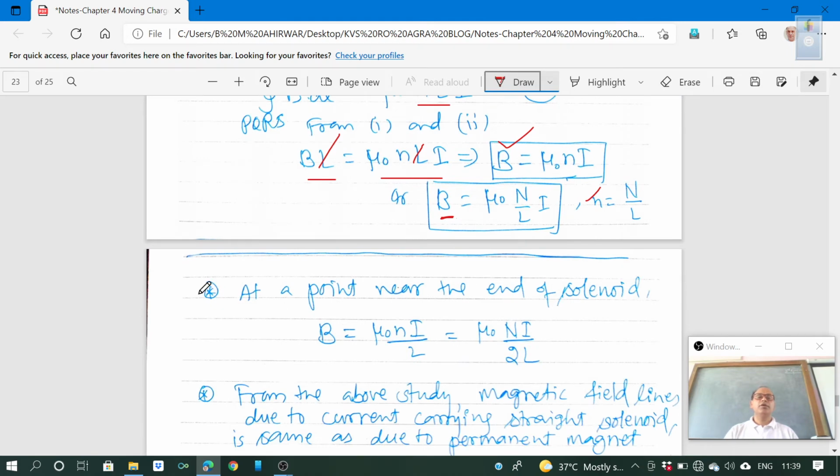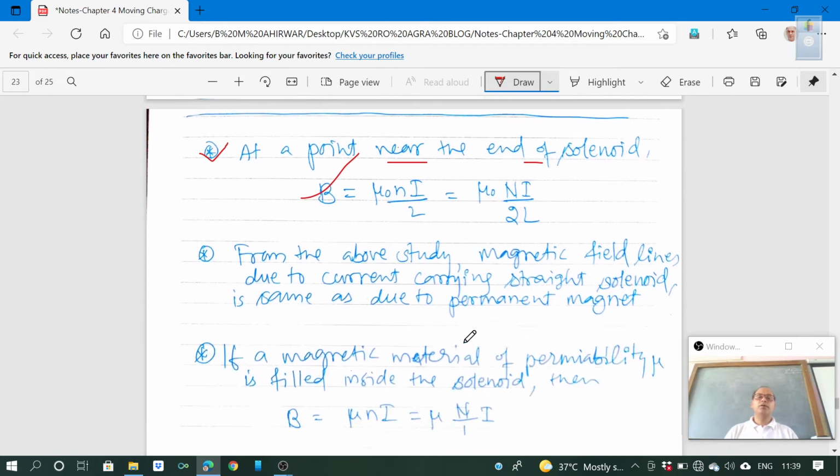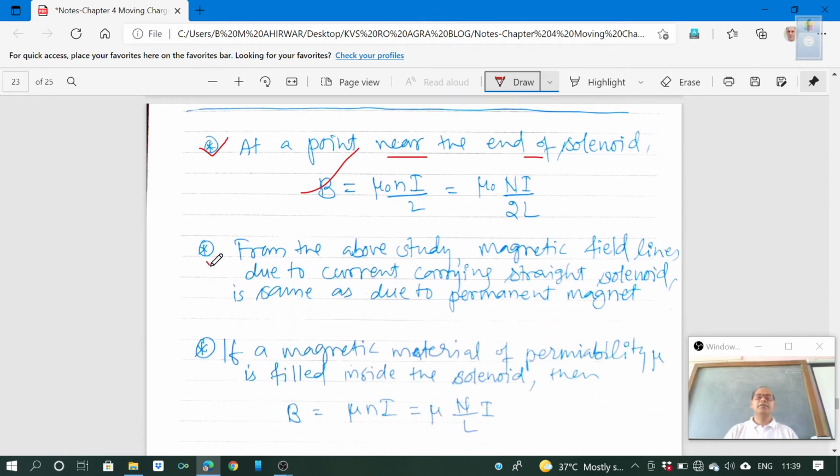If you wish to find the magnetic field near one end of the solenoid, it is just half of it, so mu naught N I upon 2. From the above study we can conclude that the magnetic field lines due to a current-carrying straight solenoid are the same as those due to a permanent magnet.